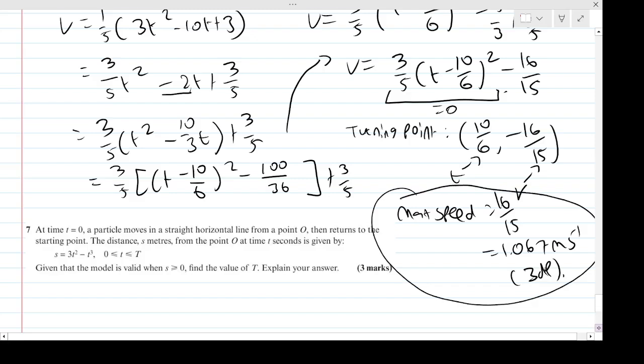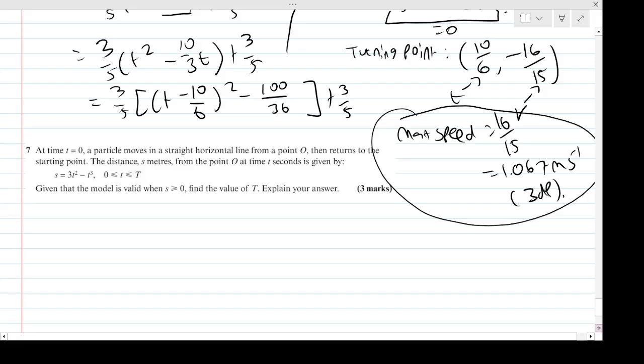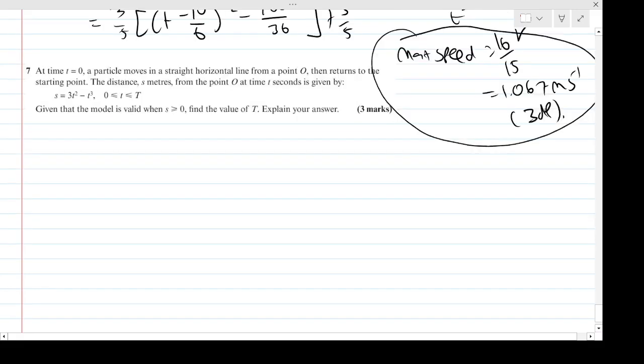Right, okay, we're going to finish off with this. So I'm told at time t equals 0, a particle moves in a straight horizontal line from a point O, then returns to the starting point.